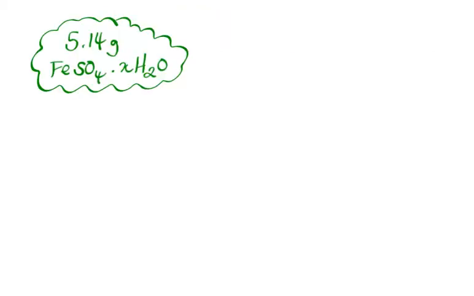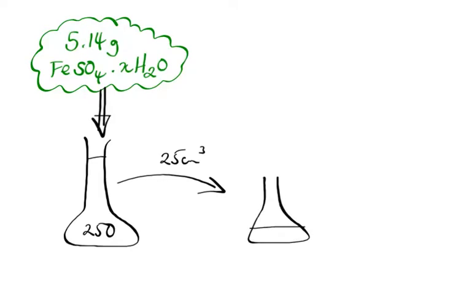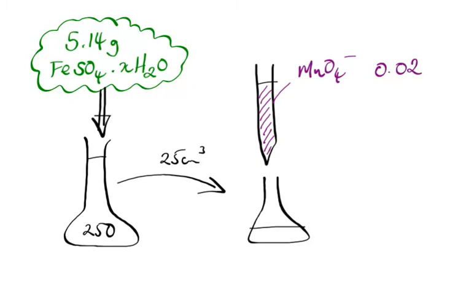So we've got a known mass of our iron 2 sulfate, and we're making this up in a volumetric flask to 250 centimetres cubed, and then we're taking 25 centimetre cubed portions of this into a conical flask, and then we're titrating that against our manganate solution like so, and the concentration of the manganate is 0.02 moles per decimetre cubed, and the average titre was 18.5 centimetres cubed.